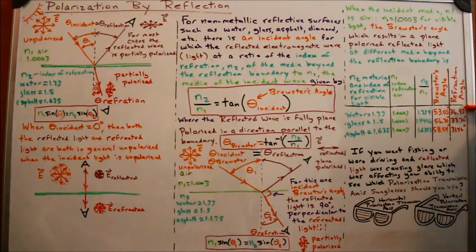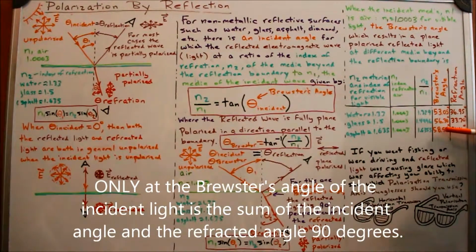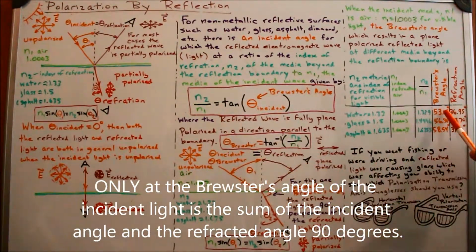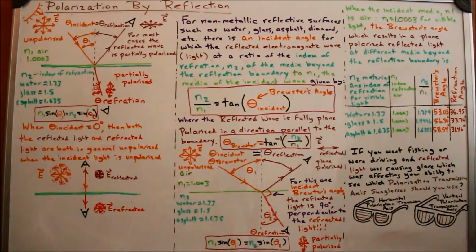If you add this one up, that becomes 90 degrees. This is also 90 degrees, and also 90 degrees. So for cases where you have the Brewster angle, the fastest way to get the refraction angle is to take 90 minus that angle, and that's a good check. In my everyday life, why would I even care about Brewster angle?